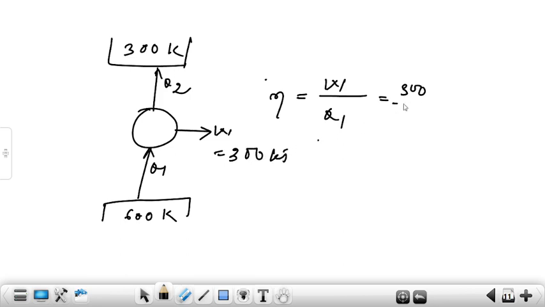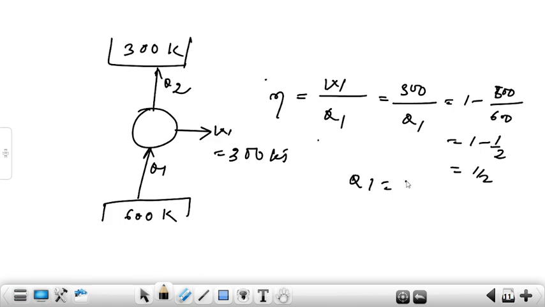This is 300, and Q1 we have to find. Also, efficiency for reversible is 1 minus T lower, which is 300, by T higher, 600, which is equal to 1 by 2, that is half. So Q1 is equal to 600.